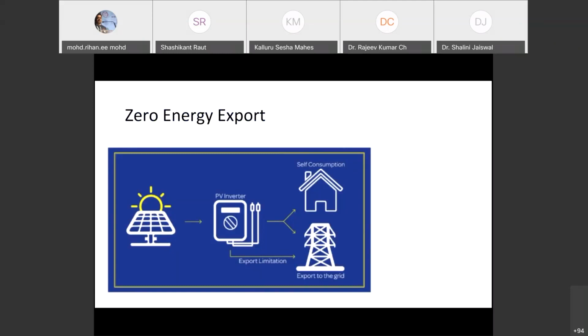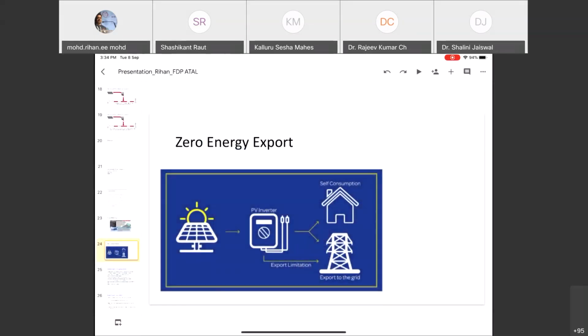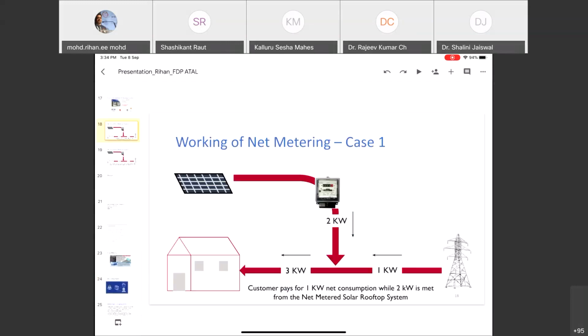So if you are not a residential or an agricultural consumer, then you come under the zero energy export policy. This is how we can classify the three possibilities of metering mechanism. One is net metering, which we have discussed in detail, and we are clear now that it is applicable to only two types of consumers. I am talking in the Indian context.